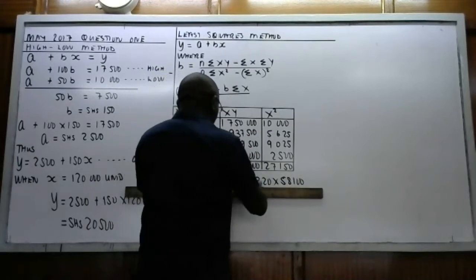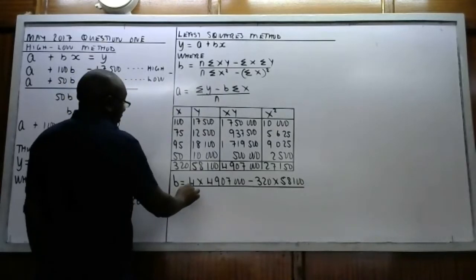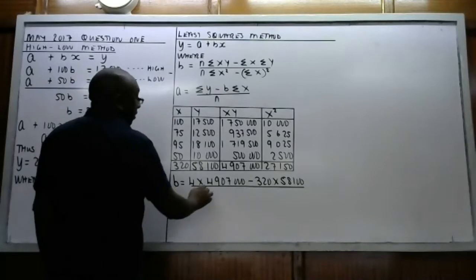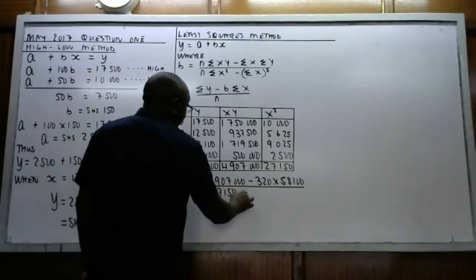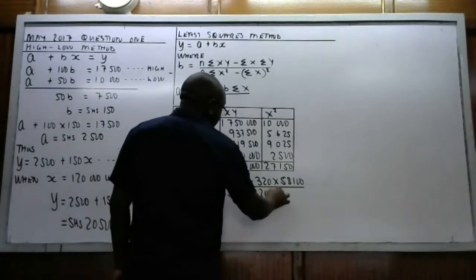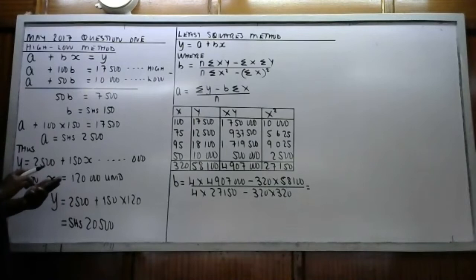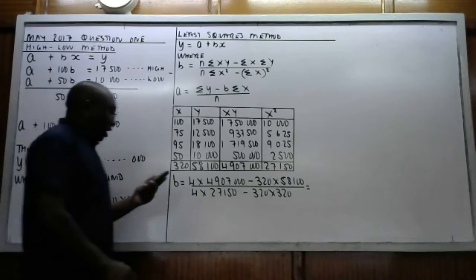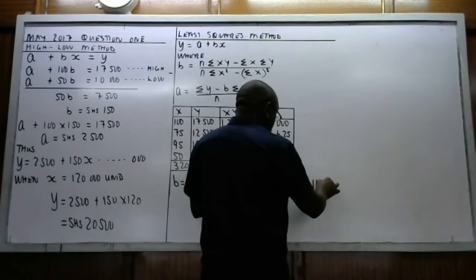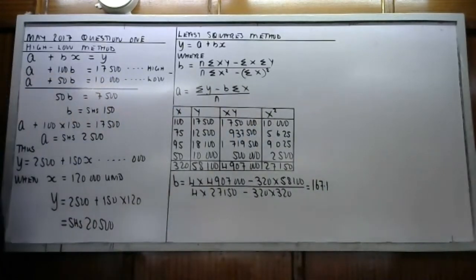You divide here by 4 times sum of x squared, 27,150, minus 320 times 320. Check whether you get 167.1.